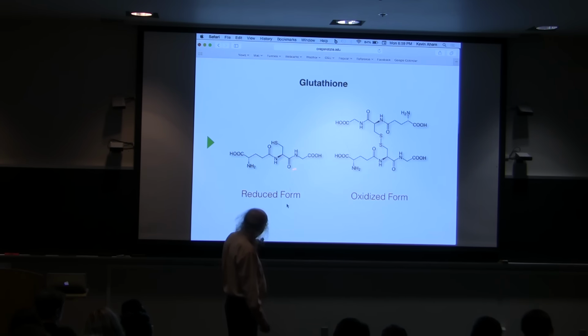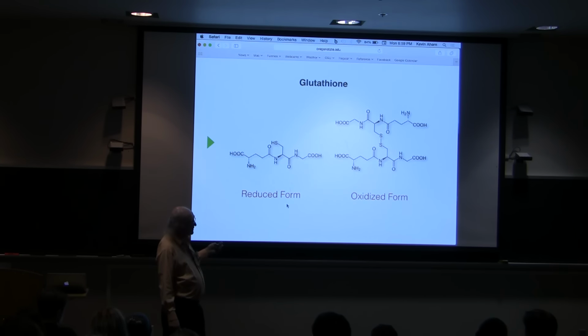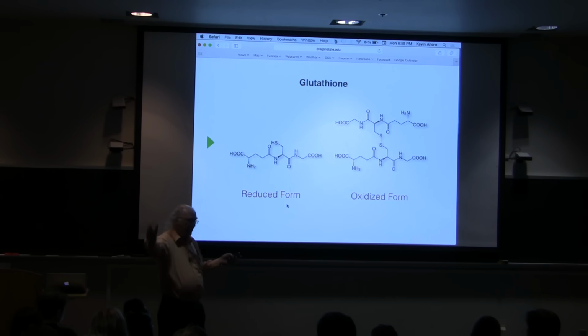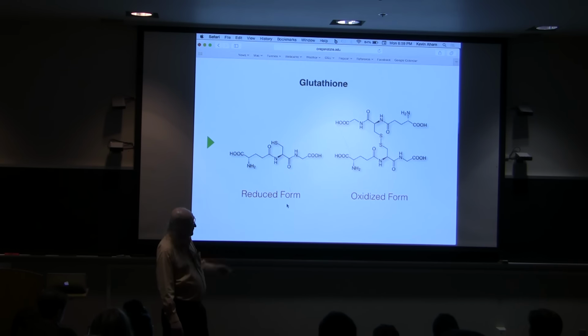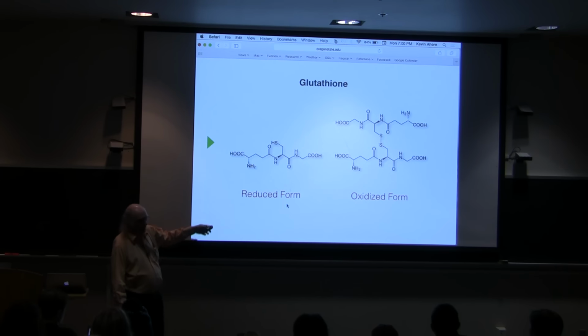It's actually chemically synthesized within cells. But the importance of glutathione is that sulfur, which comes from the cysteine, because that's the source of electrons. This is the reduced form of glutathione here. When you oxidize glutathione, you join 2 sulfurs together. The electrons pop out and go to the acceptor molecule, and this leaves you with the glutathione in the oxidized form. So it takes, obviously, 2 of these to make 1 of those.